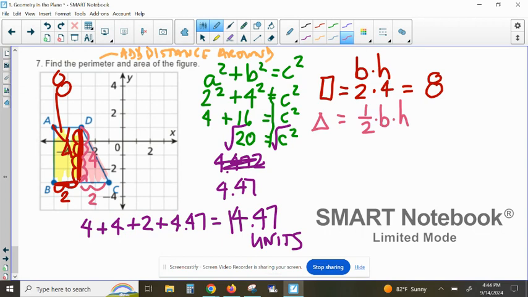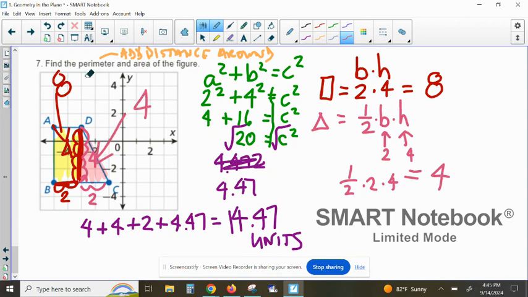So my base is 2, and my height is 4. So I need to put that in my calculator. 1/2 times 2 times 4. And remember, if you're doing 1/2 in the calculator, you can do that 1, and then hit that ABC button, and then 2. And then times 2 times 4. And I get 4. So that means my triangle is 4.